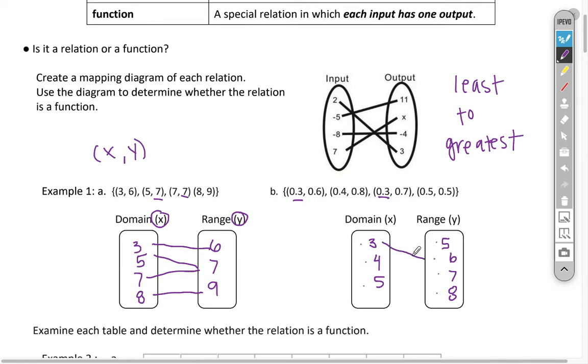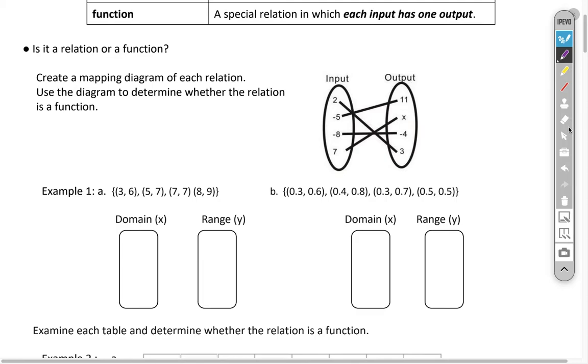We have 0.4 connecting to 0.8. We have 0.3 connecting to 0.7, so we'll make another line from there. And we have 0.5 connecting to 0.5. So this is how we map the diagrams. All we're focusing on right now is how to map the diagrams. And now we're going to determine on the next examples, well, is it a function or is it a relation?